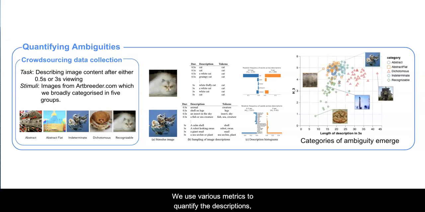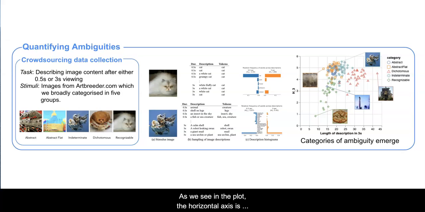We use various metrics to quantify the descriptions, including entropy, description length, the number of uncertain words, as well as text embedding-based metrics, where the embeddings are produced by pre-trained language models. We found the combination of description length and entropy provides the most effective way to distinguish between different categories of images.